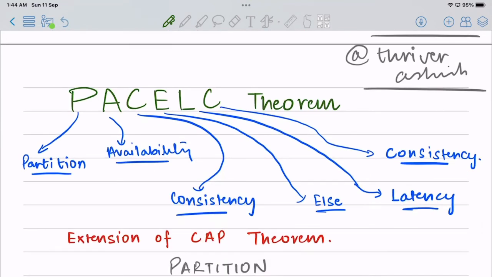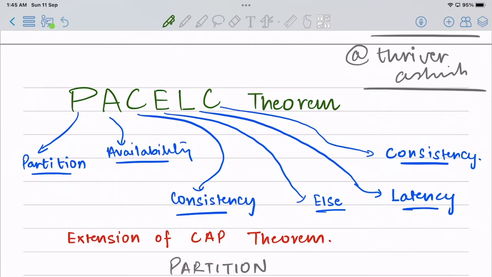So okay, now come to the extension of the CAP theorem. When some criticism happens over a theorem, or some proof or something, some extensions come.